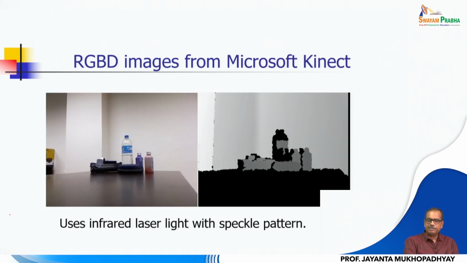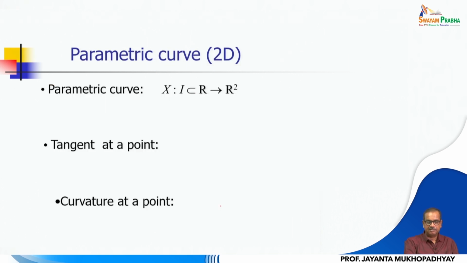The example I have shown earlier is captured by the Microsoft Kinect. It provides both the color image in the RGB space and also the depth image. That's why this pair of images is called RGBD images. Actually, it's a 3-channel image, and depth is another additional image here.